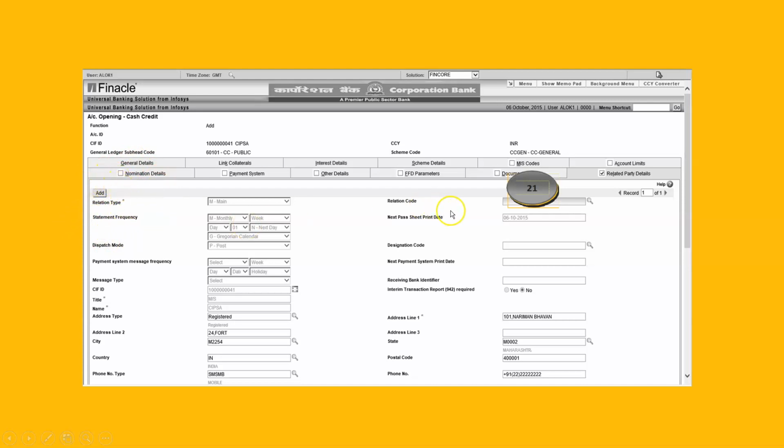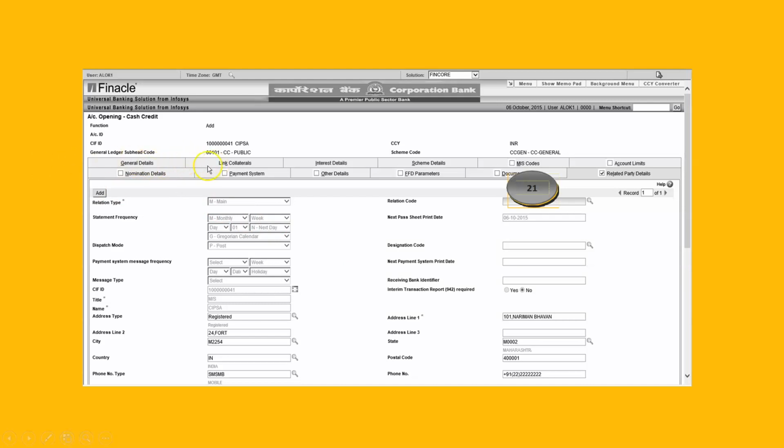You get this relationship code here. You have to choose from here what is the relationship, whether he is a guarantor or a director, and you can type the KIF ID if we have the KIF ID. Otherwise we have to enter everything manually. Addresses and all the fields marked with red asterisk, red star, are mandatory here, right?